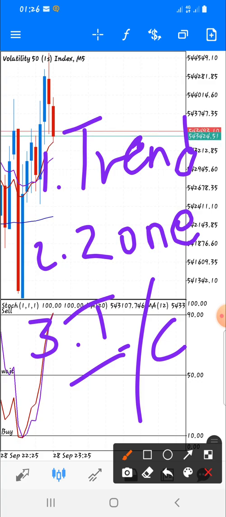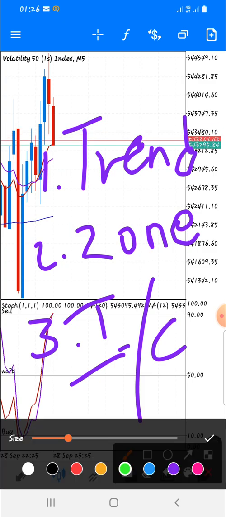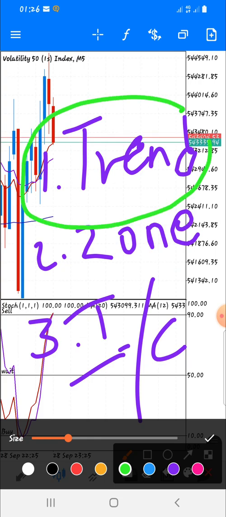If we talk of a trend, we mean is it an uptrend or a downtrend, or is the market consolidating, meaning it is currently moving sideways. You should be able to see where the trend is going.